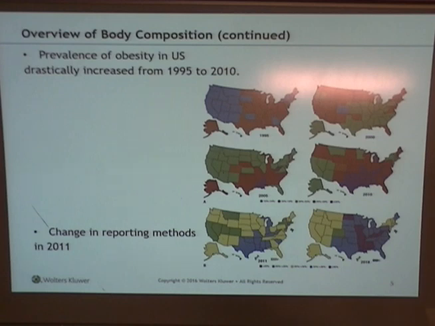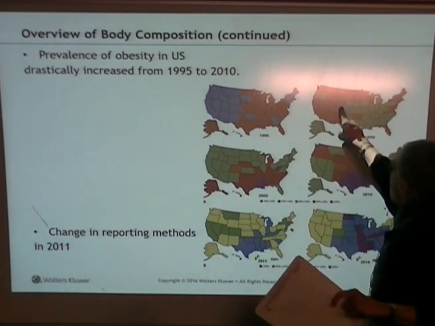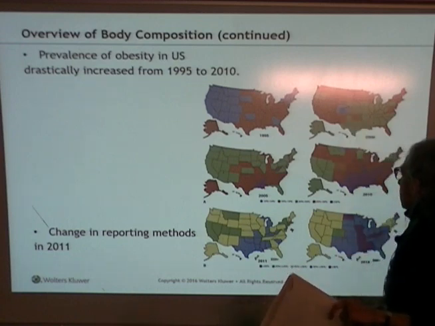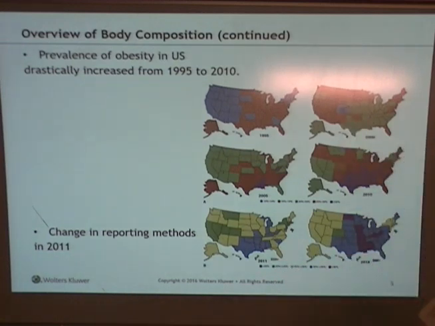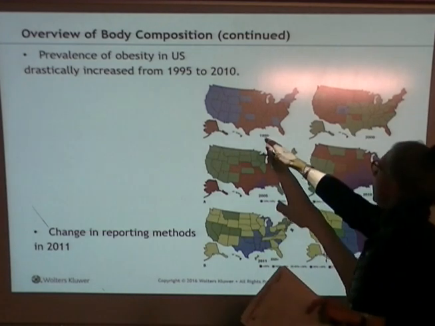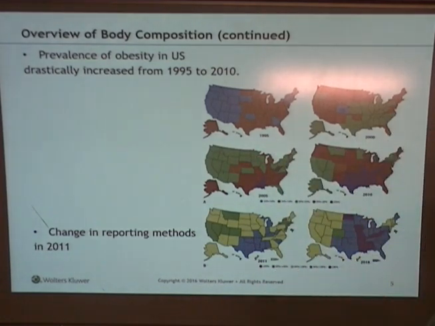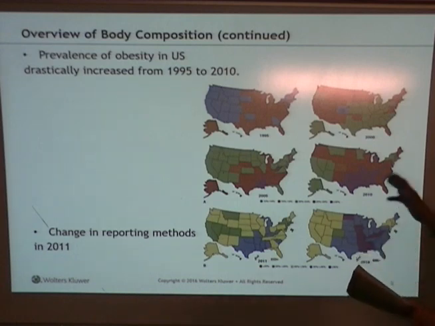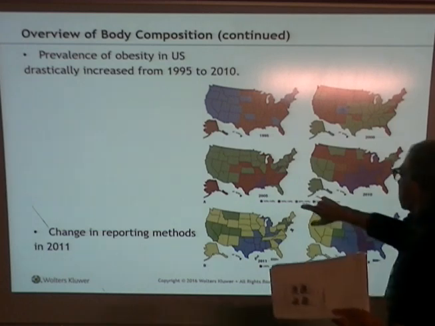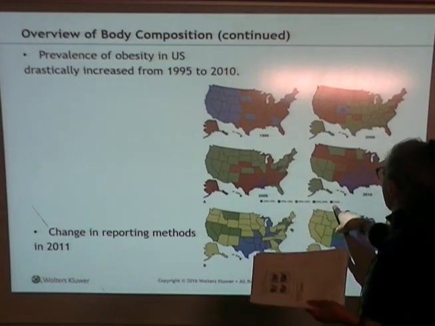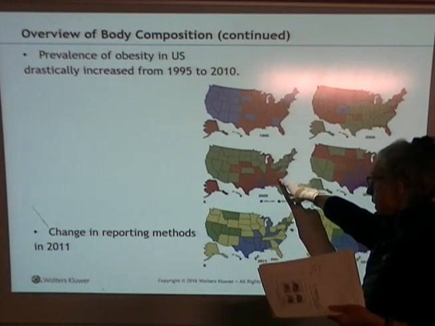So you can see in 2000 there was only one state, Colorado, left that had a 10 to 14% obesity rate. The rest of the country, so from 1995 to 2000, things took a dramatic turn for the worse. And then it just kept getting worse. And so 2005, now we have 1, 2, 3 states that are reporting over 30% obesity.